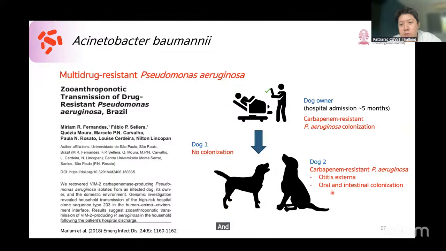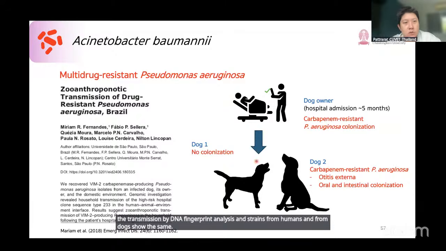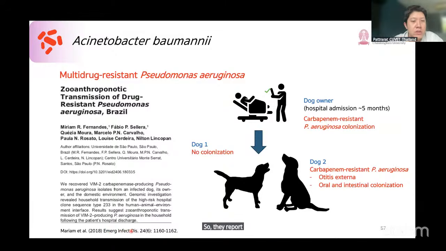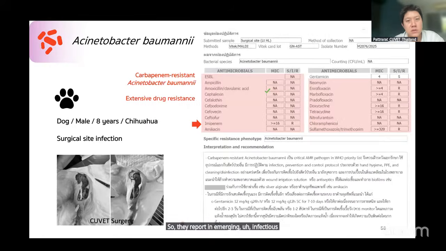From the investigations, they also collected samples from the oral mucosa and from the feces, and dog number 2 was found positive. They confirmed the transmission by DNA fingerprint analysis, and strains from the human and from the dog showed the same pattern. So they reported it in Emerging Infectious Diseases.